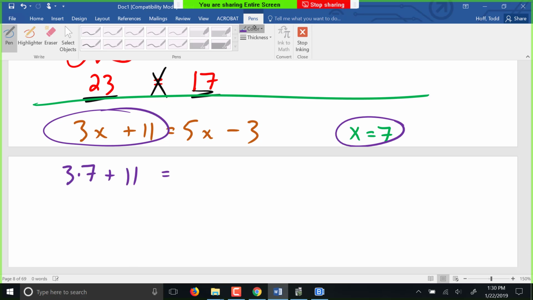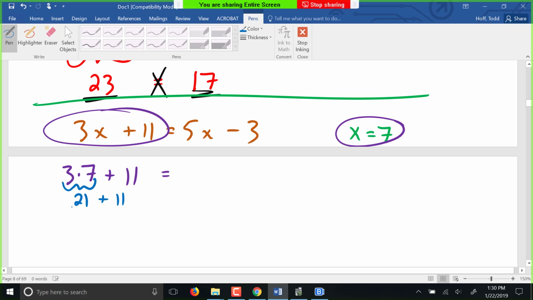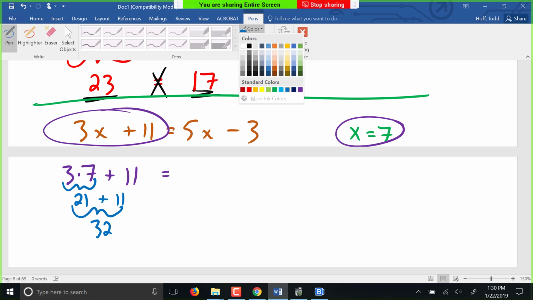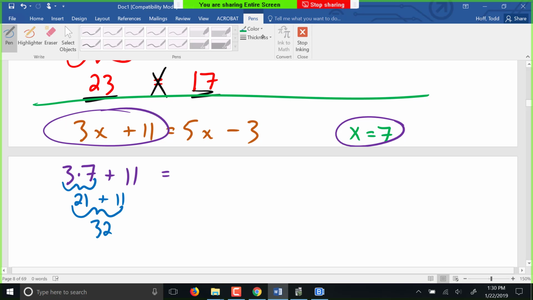Good. If we do our order of operations there, what are we going to get? Perfect. 21 plus 11 is 32. Good. On the right side, if we substitute in the 7, what does that expression become?